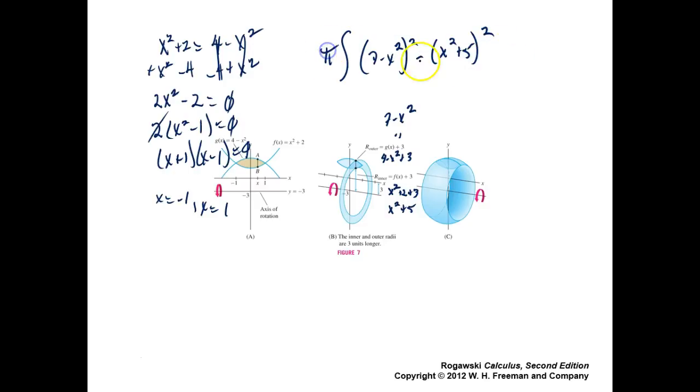Your pi's out front, dx here, you're going from minus 1 to 1, okay? Because you're doing the area of this outer circle, pi times that, and minus pi times the inner one, that's the one you're subtracting out of there, so that's why you're doing areas, pi r squared, okay?